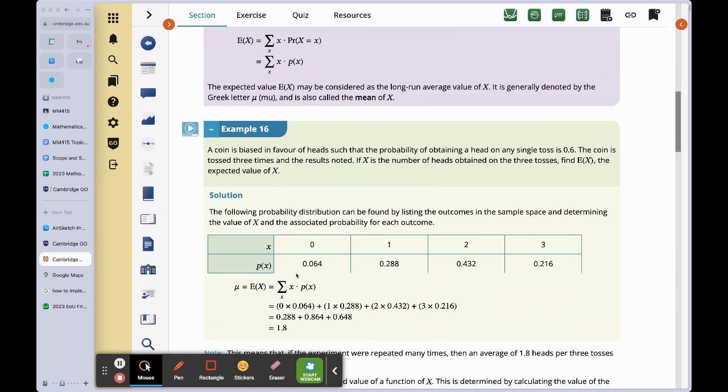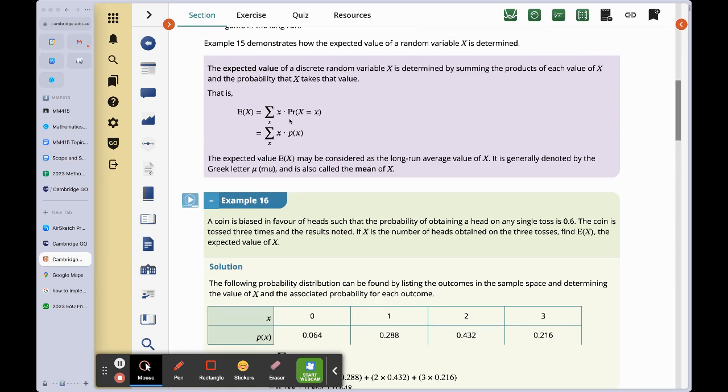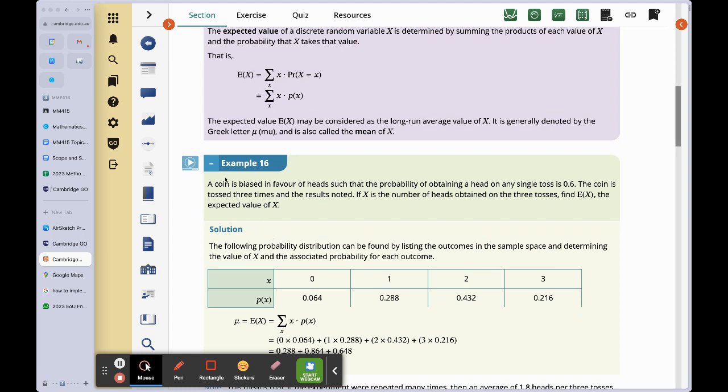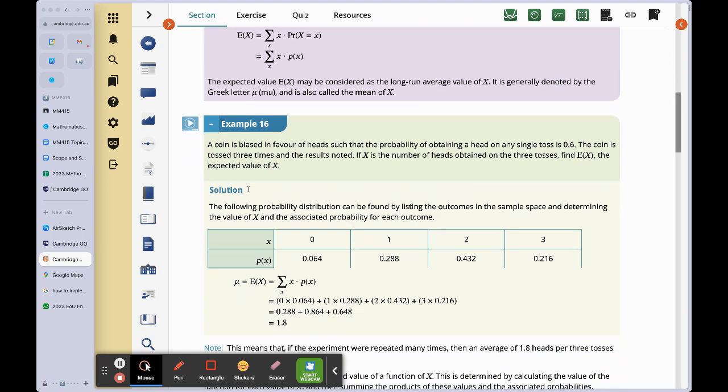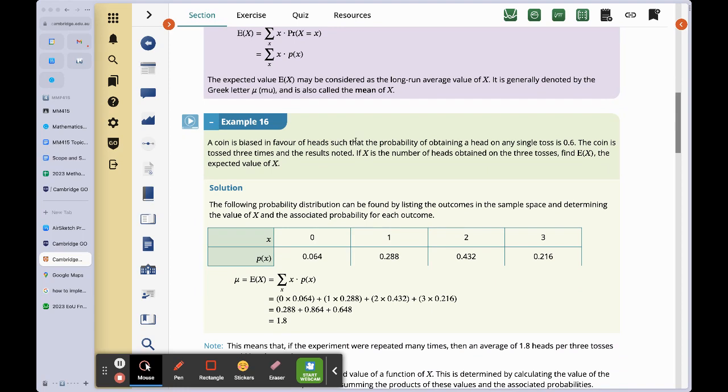Okay, example 16. There's a bit of sum notation here. You can read it for yourself if you want to get a sense of it, but it's basically just saying what we did before, adding up all the different values. So example 16, a coin is biased in favor of heads so that the probability of obtaining a head on any single toss is 0.6.